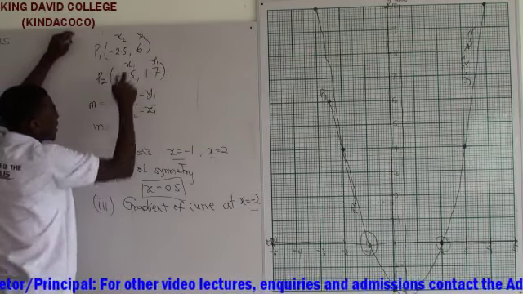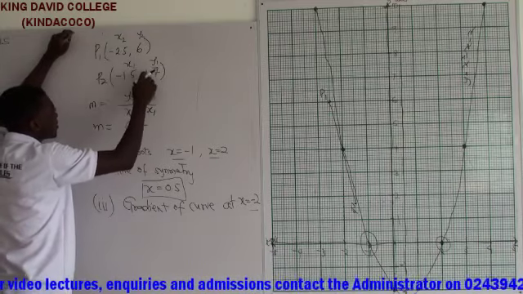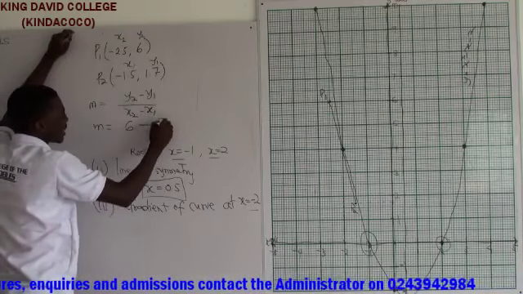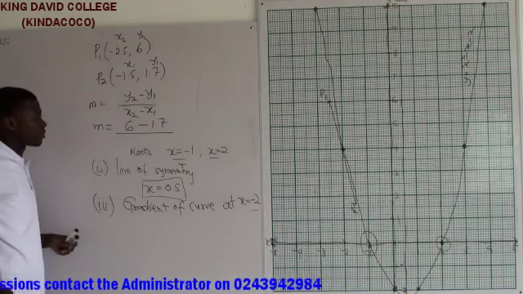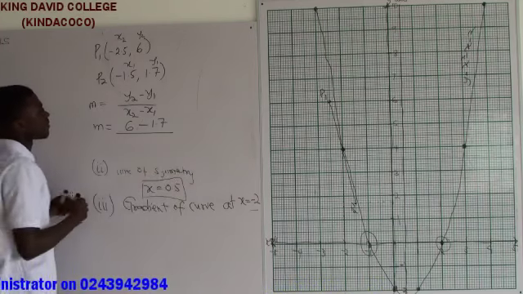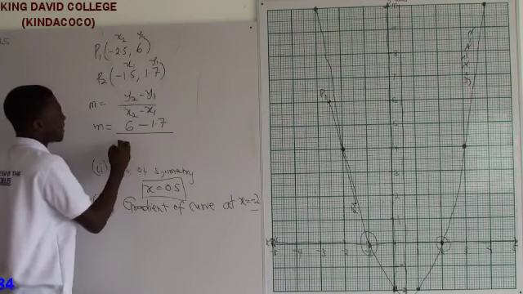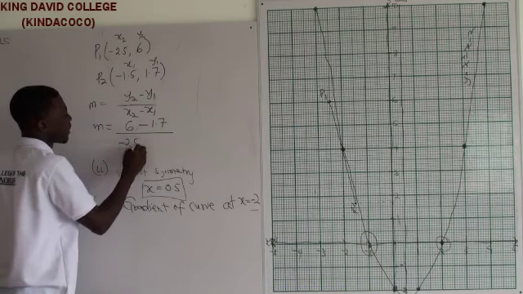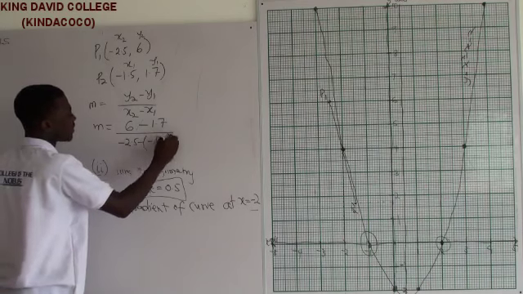So y2 here is 6 minus y1, which is what? 1.7. Okay. Then divided by x2 minus x1. So minus 2.5 minus negative 1.5.